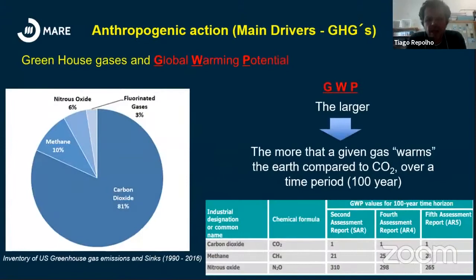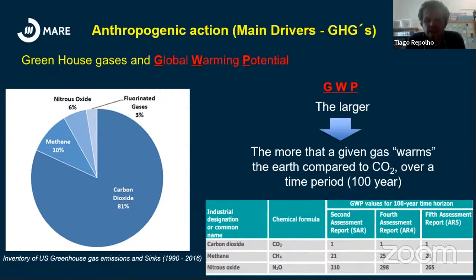So basically, carbon dioxide comprises more or less 80% of the greenhouse gases concentration in the atmosphere, followed by methane 10%, nitrous oxide 6%, and fluorinated gases 3%. In terms of global warming potential, or GWP, basically it's a measure of the heat absorbed by any greenhouse gas in the atmosphere.